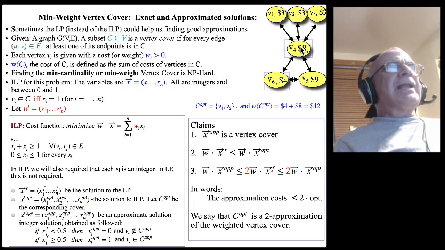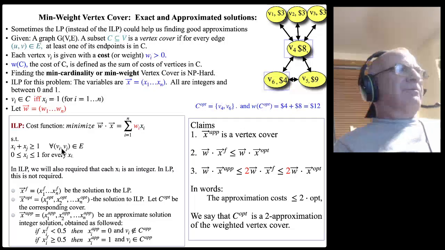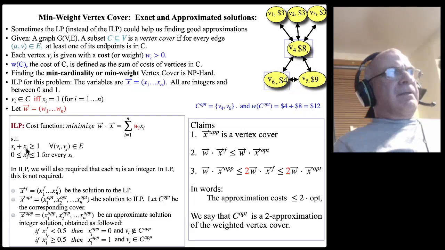Look at any one of the edges, vi, vj, in the graph. You solve the linear programming, not the ILP, but the LP, meaning that for any one of the edges, xi plus xj, the two endpoints of the edge, are larger or equal than 1, meaning that either xi is at least half or xj is at least half, or both, of course.